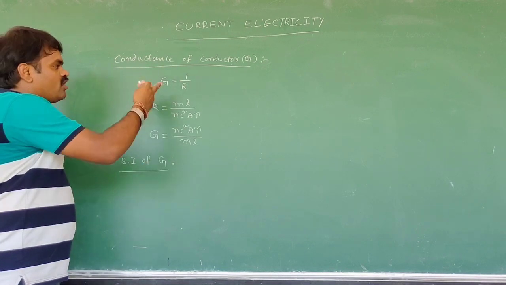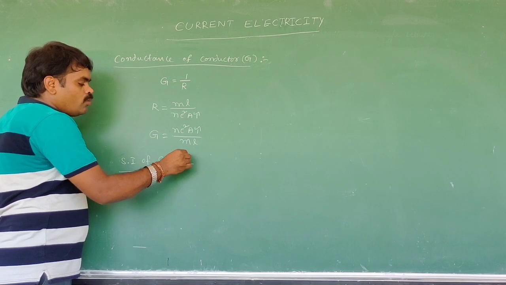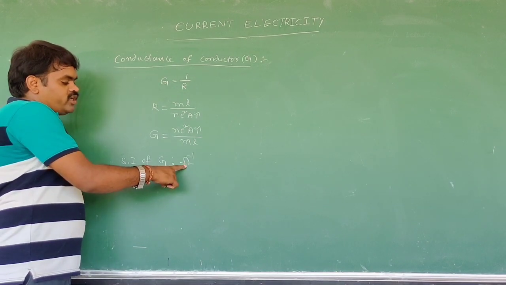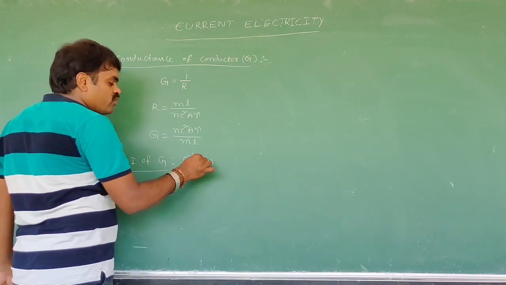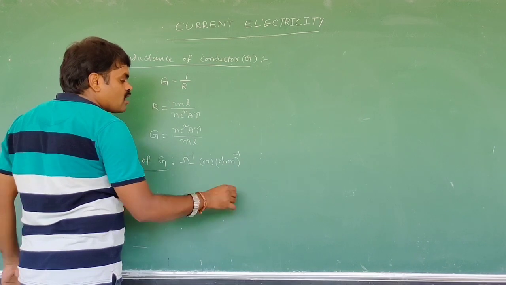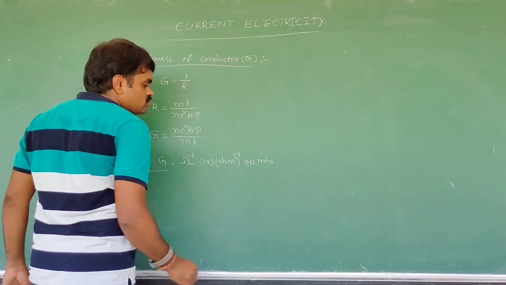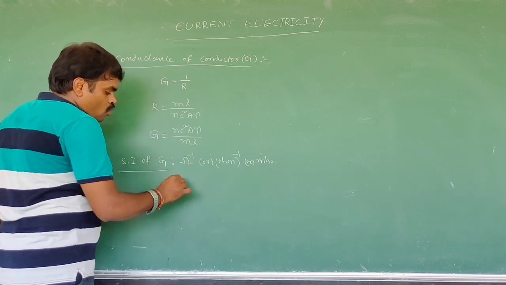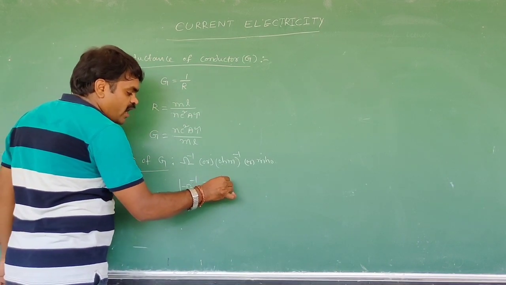Now the units. The SI unit of G: the reciprocal of resistance is conductance, so the unit is ohm inverse. Ohm is the unit of resistance, so the unit of conductance is ohm inverse, or mho. That is, 1 ohm inverse is equal to 1 Siemens.